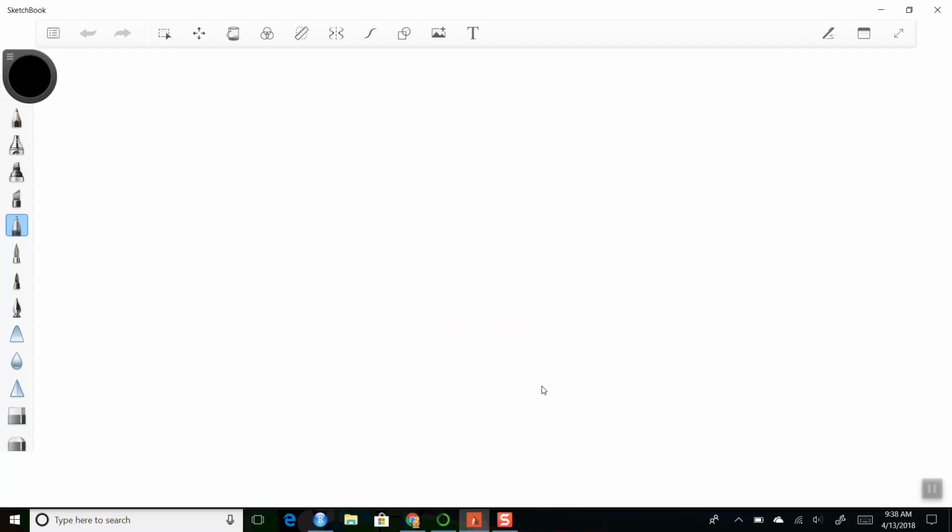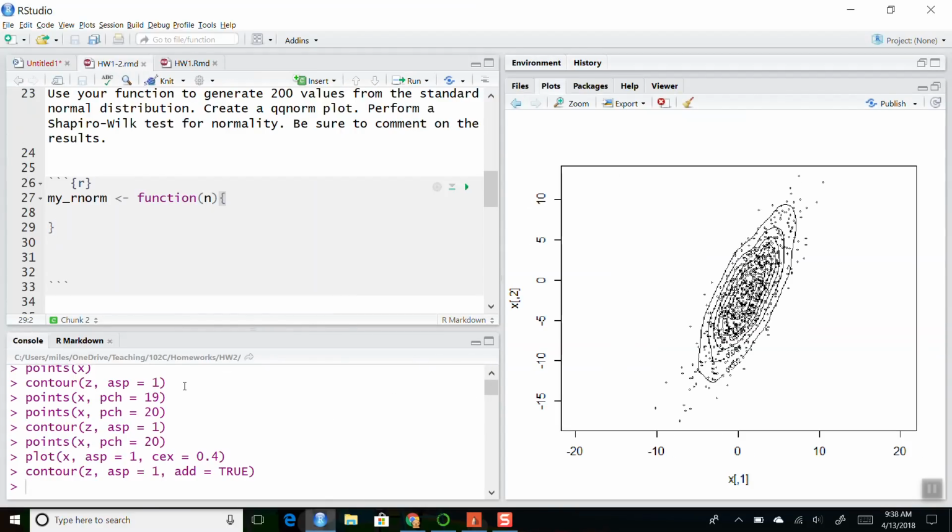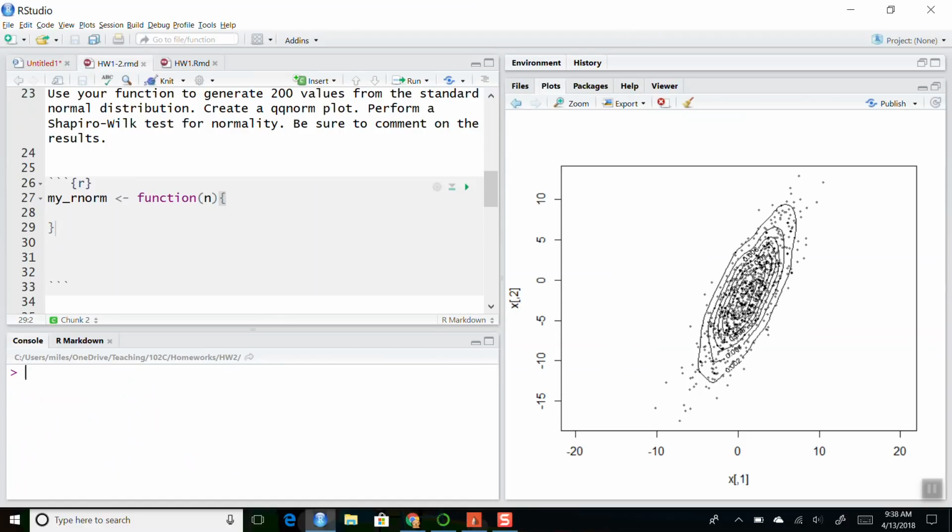I think it's not too hard. If I give you an easy example, it's not hard to get the Cholesky decomposition, but we can have R do it for us very quickly.